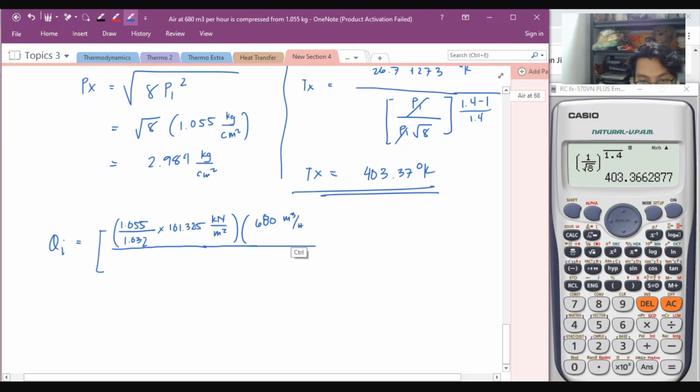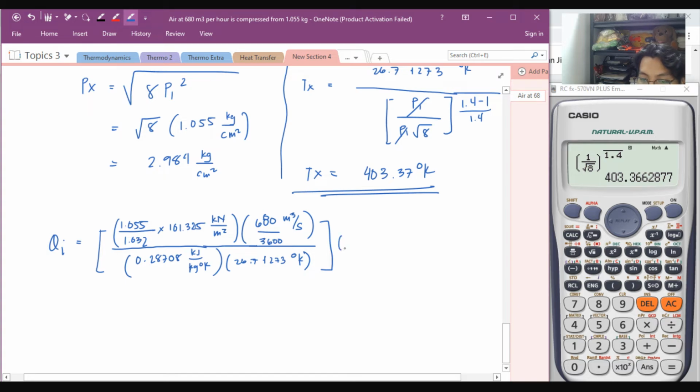Hindi, per second na lang to. Divide ko na lang ng 3,600. And then, divide mo ng R. That is 0.2708 kilojoule per kilogram degree Kelvin. Okay na yan. Multiply din natin ang temperature, 26.7 plus 273 degree Kelvin na to. Yan na yan.